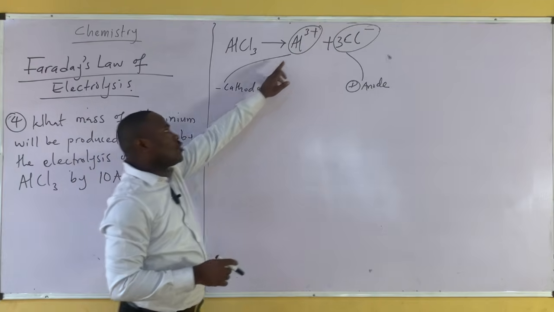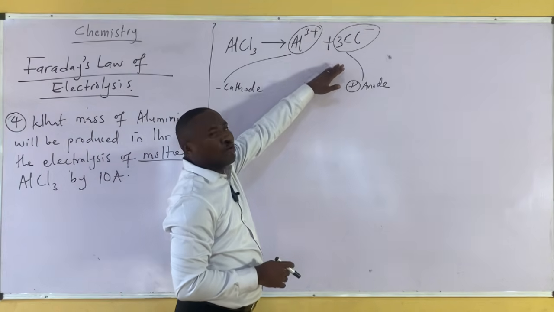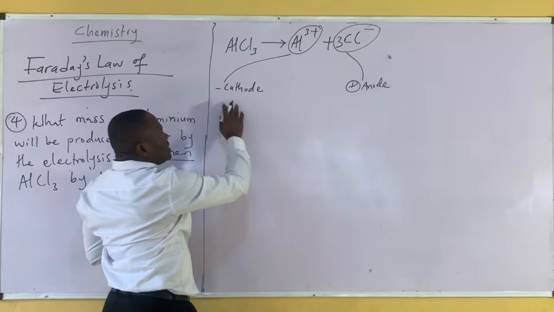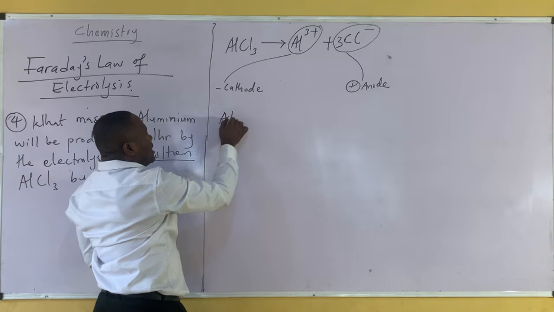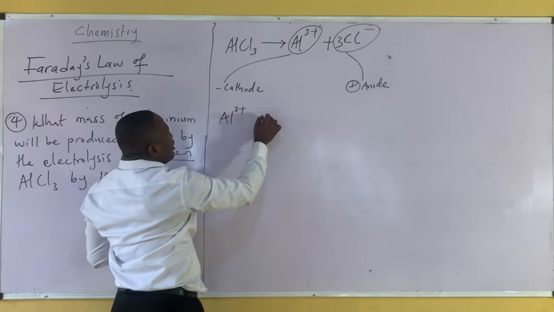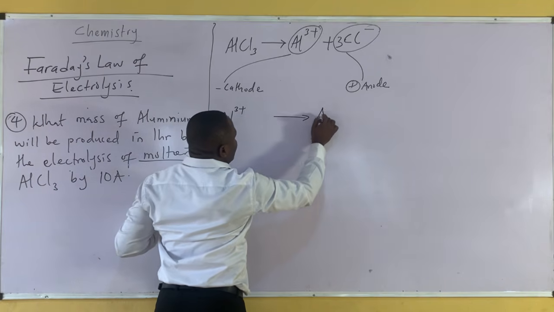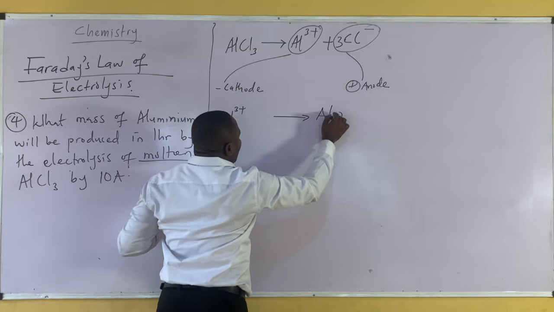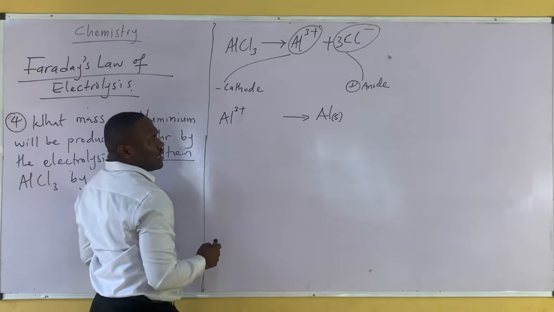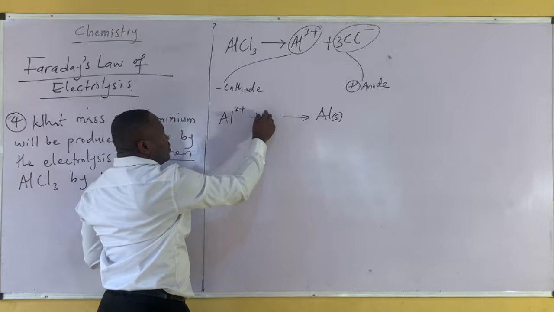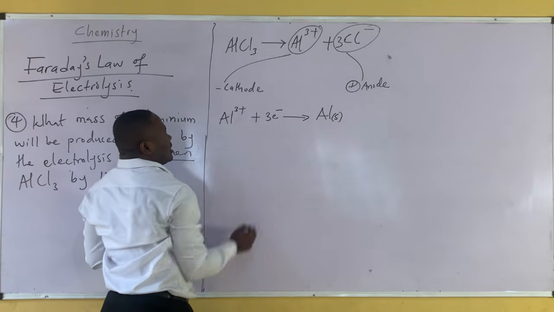So we are focusing on aluminium this time, not on chlorine. So what is the half-cell cathodic reaction? It will be Al3+ to give us a deposit of aluminium solid.